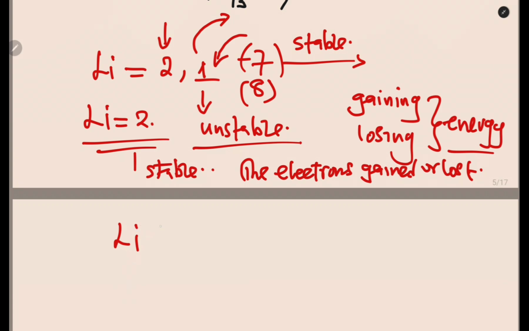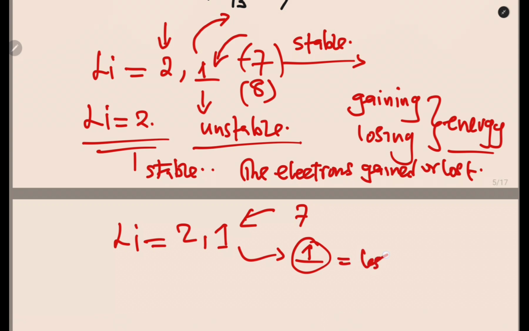Now, look at this. Here we said lithium, the configuration is 2, 1. It needs to gain 7 or lose 1. It is very easy for lithium to lose 1 electron because it is going to use less energy than gaining 7 electrons to add to this.